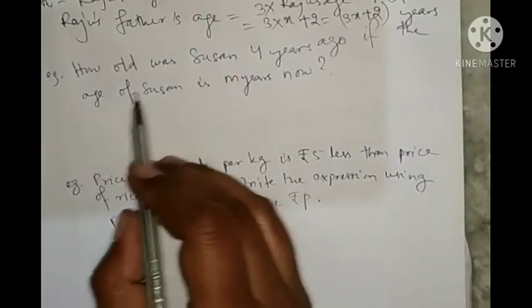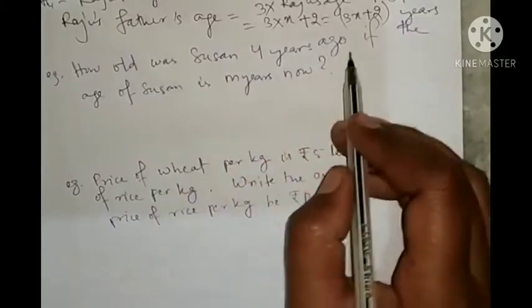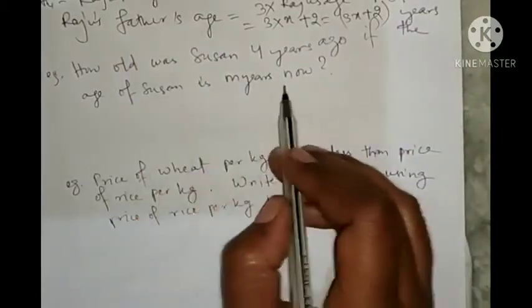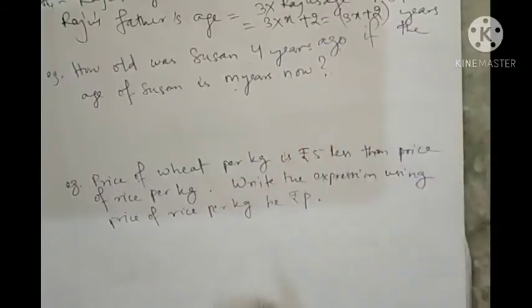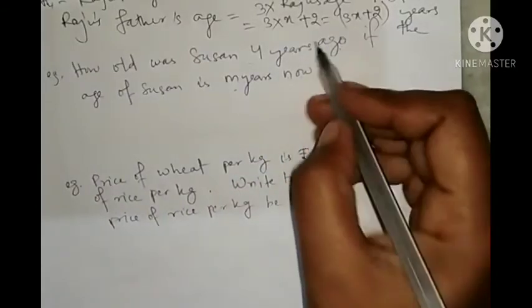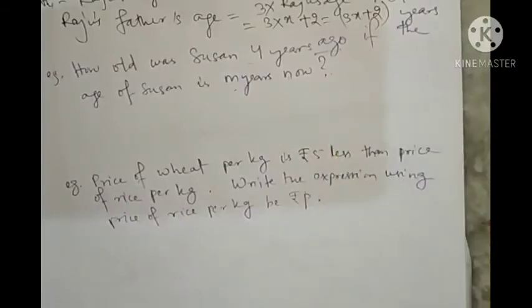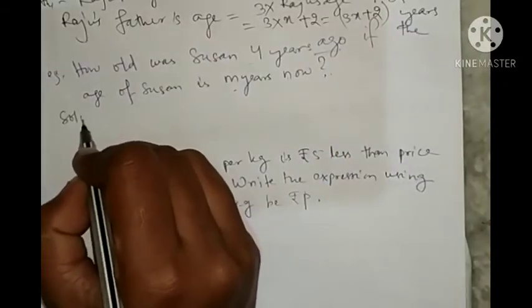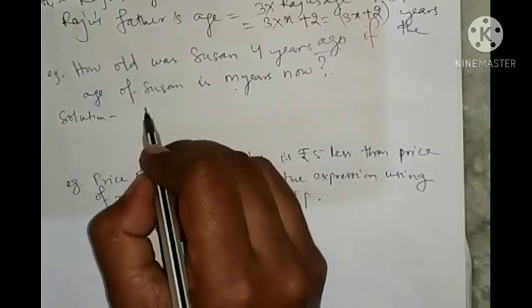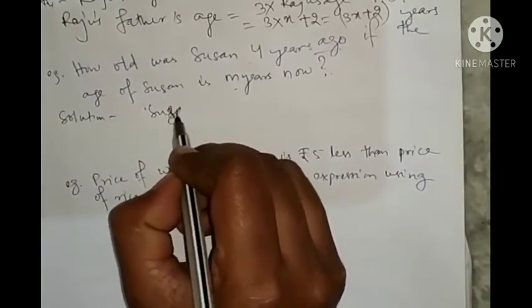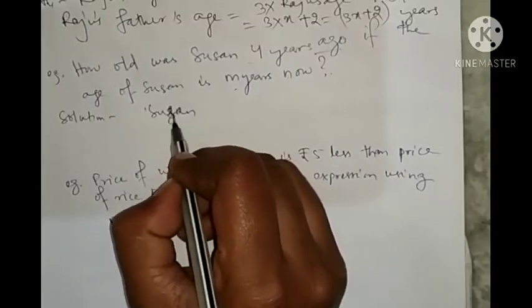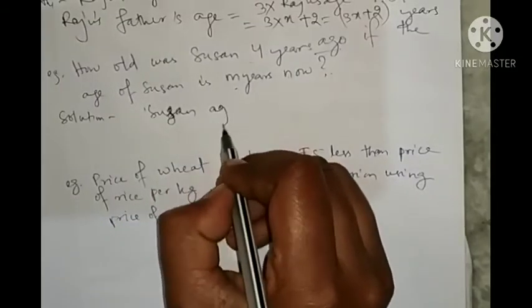Next you can see that how old was Susan 4 years ago if the age of Susan is m years now. Okay, so 4 years ago. Ago means before. Okay, means 4 years before. So how we will find the solution? We will take Susan's age.